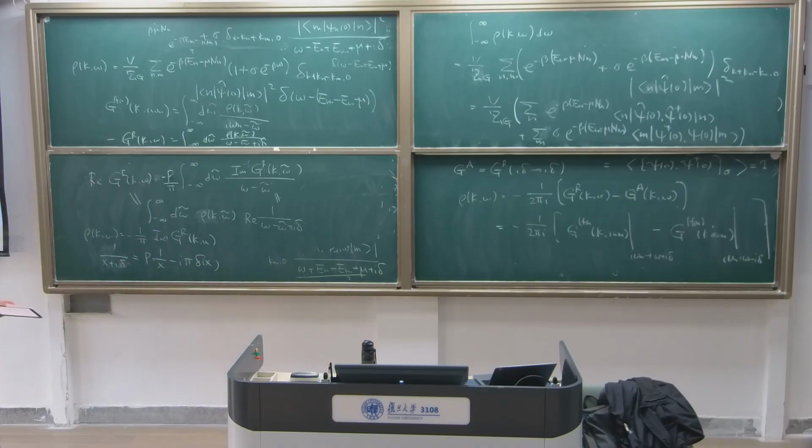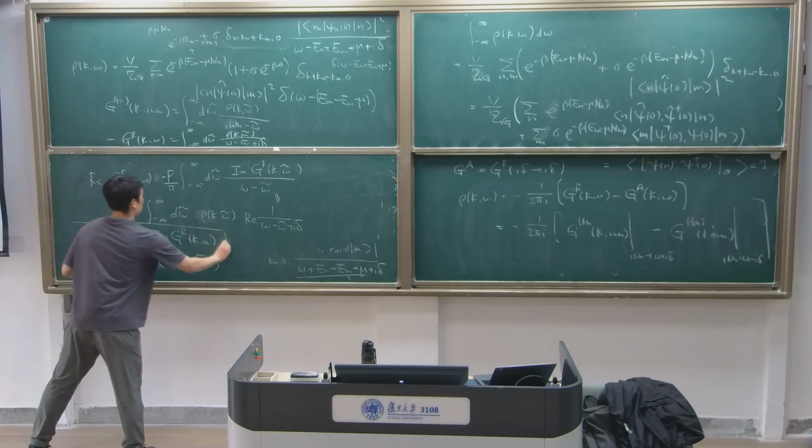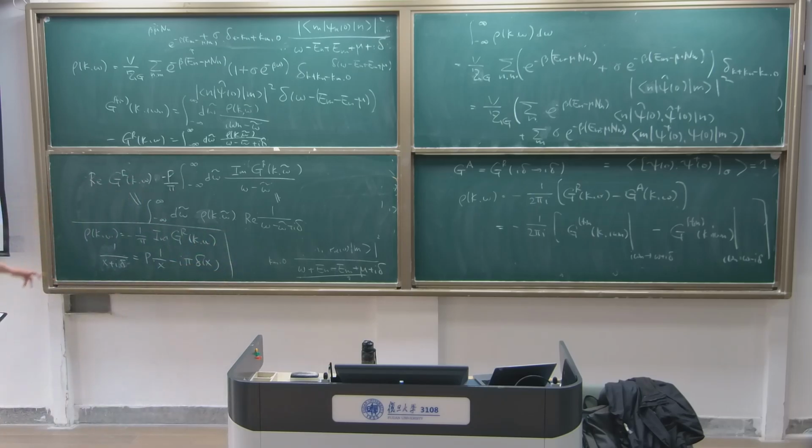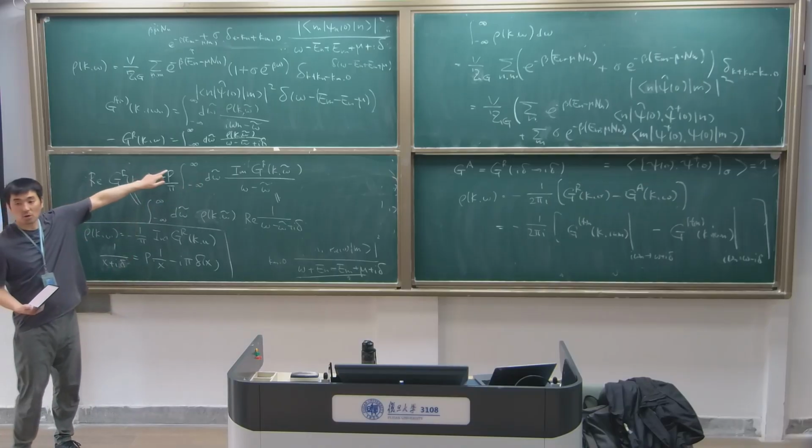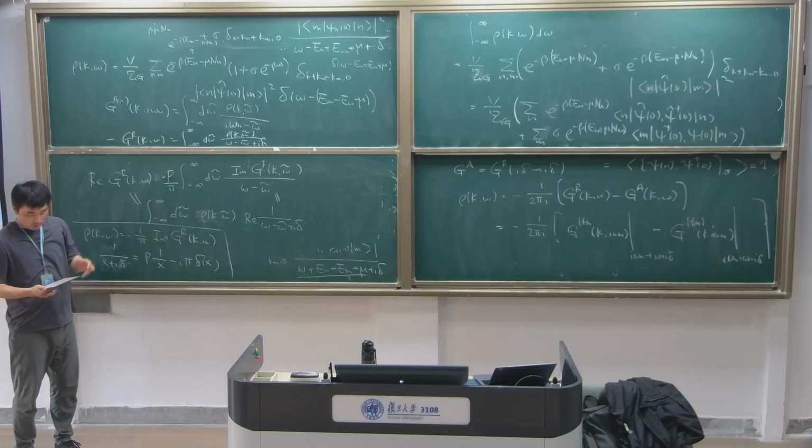Like this. So use two parts to derive this is equal to this. So this P is the Cauchy principal value.